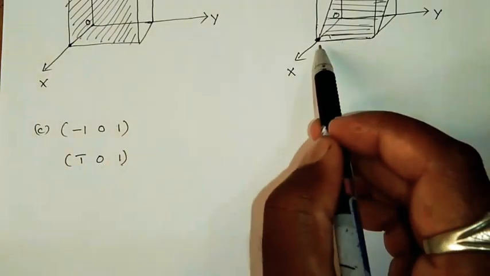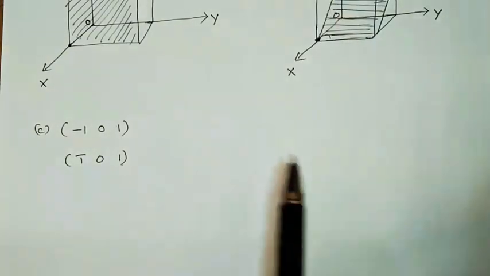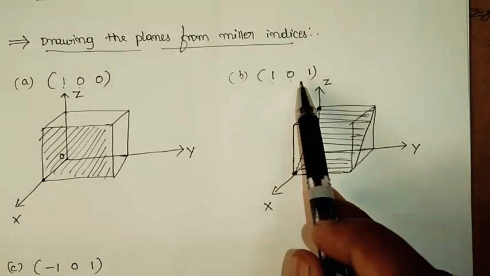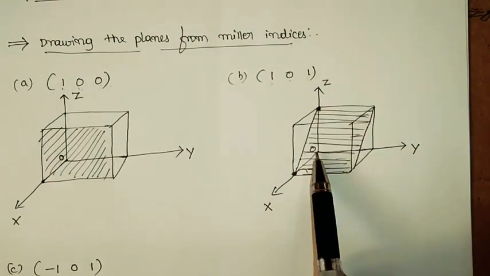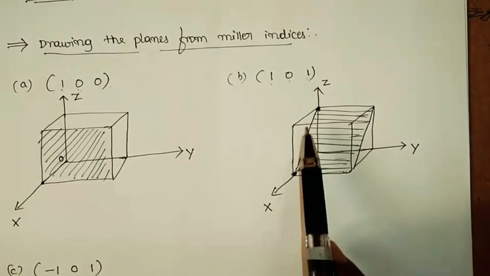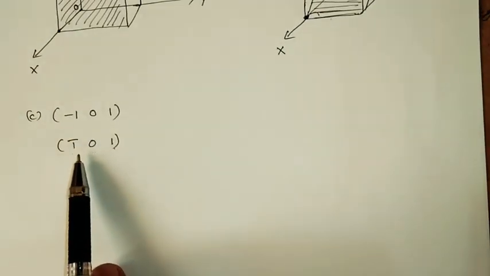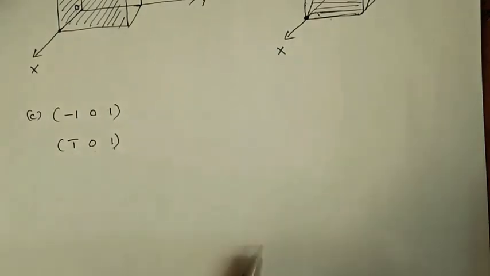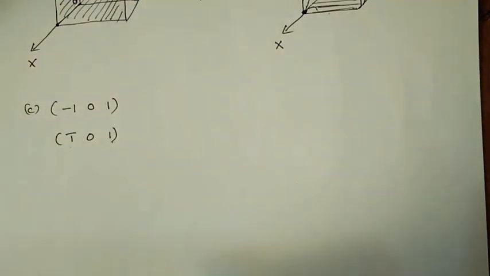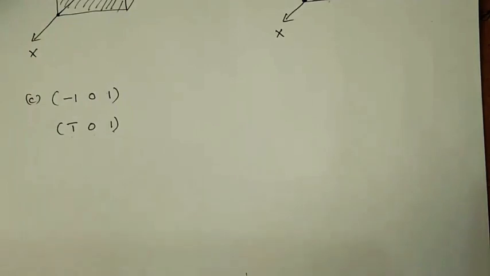If you have all positive values, it is very much easier to draw the axes like x, y, and z. But here we have the negative sign. So how to take the axes then? It's very much easier. Simple logic, simple technique we have to follow.